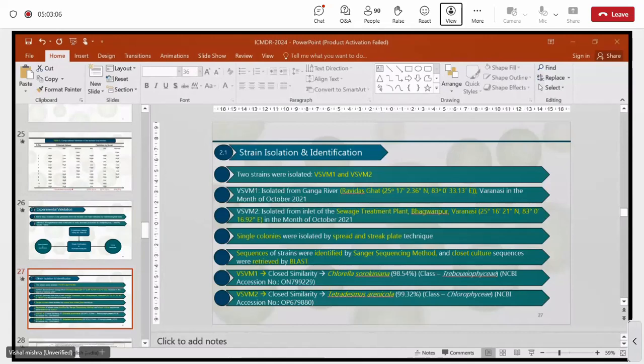We then did some bioinformatic analysis, and close similarity was found with Trebouxiophyceae for strain 1, VSCM1, and VSCM2 had a close similarity with the class Chlorophyceae. The similarity was around 98.54% to 99.32% respectively, and accordingly we got the NCBI registration numbers.